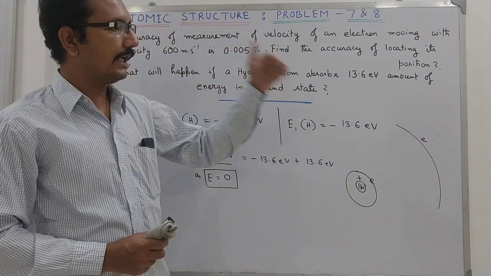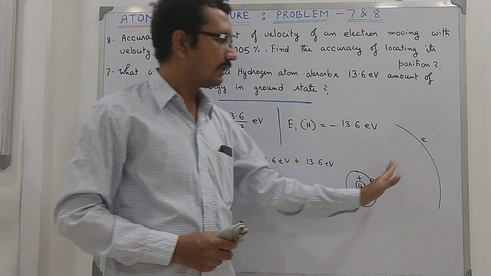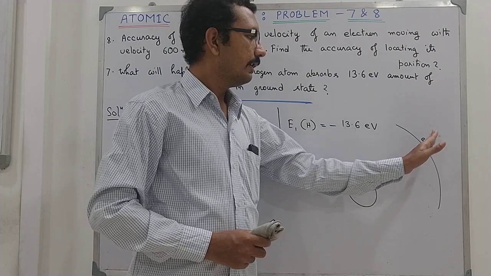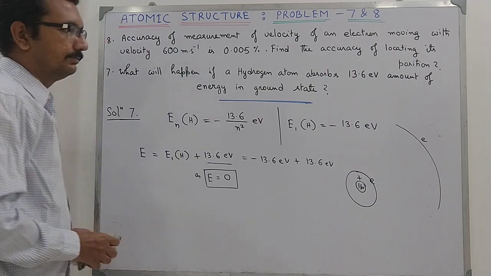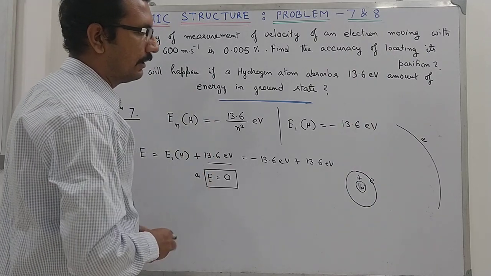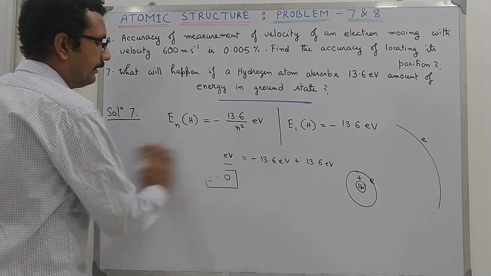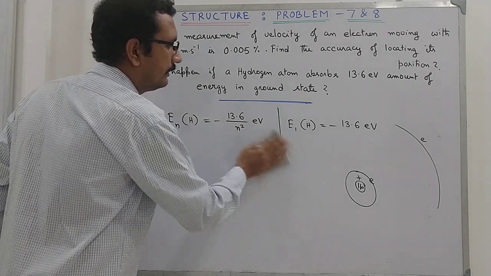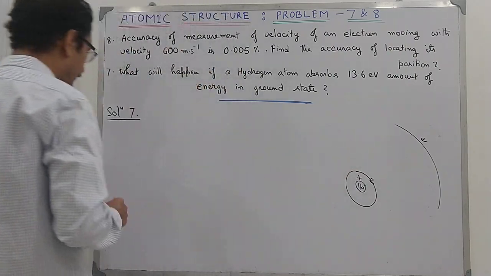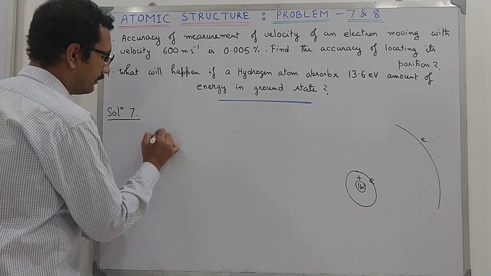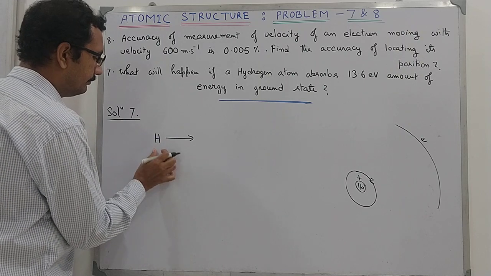Now this electron will remain at rest after getting out of the attraction field, that is, after getting out of the atom, since the kinetic energy will also be 0. So the total energy will be 0. Now what does this imply? This implies that the hydrogen atom will ionize. So this is the H atom.